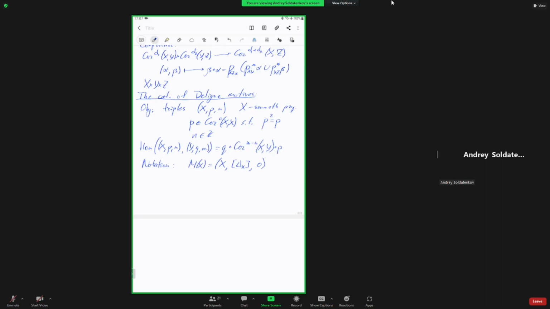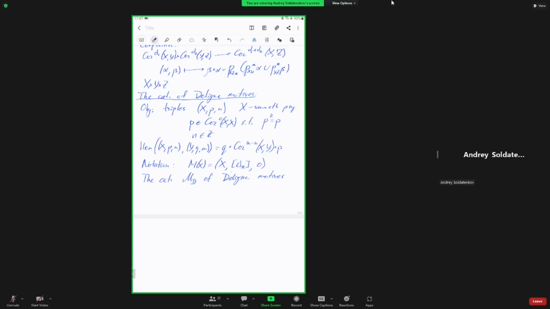We have this category. So what can we say about it? It's actually a very good category. Let's denote the category by curly M_D, the category of Deligne motifs. It has the direct sum, the tensor product, it has a unit, it has duality.